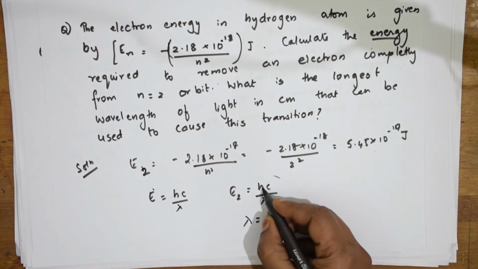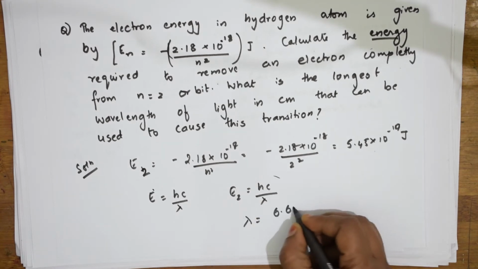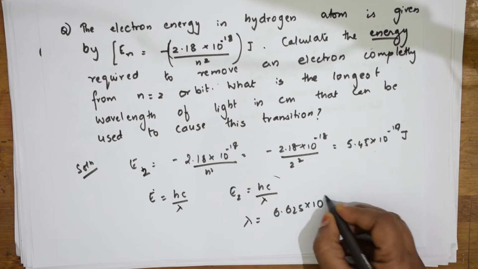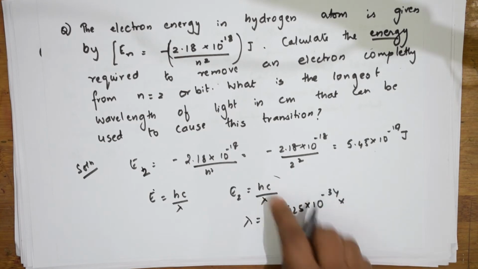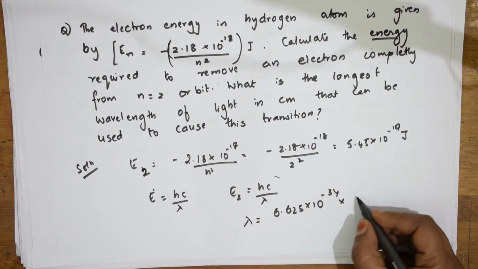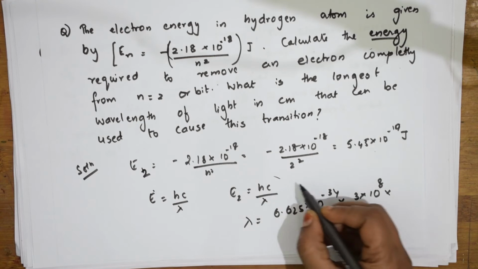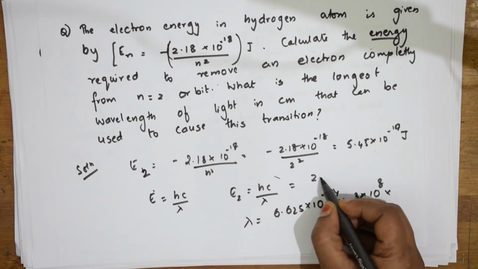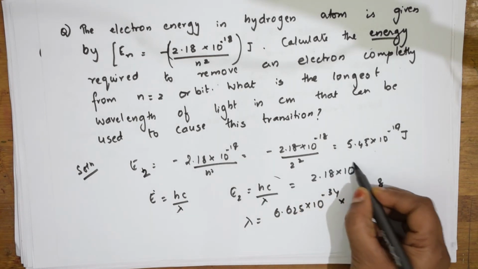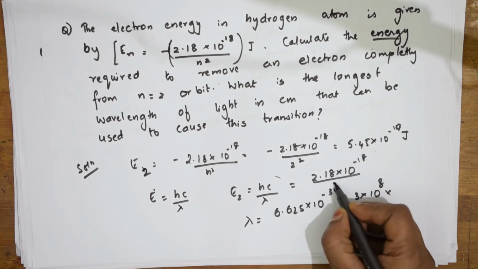Let us substitute. h is 6.625 into 10 raised to the power of minus 34. What is velocity? Velocity is 3 into 10 raised to the power of 8. Now what is the energy value earlier? It is nothing but 2.18 into 10 raised to the power of minus 18 by 2 square, isn't it?